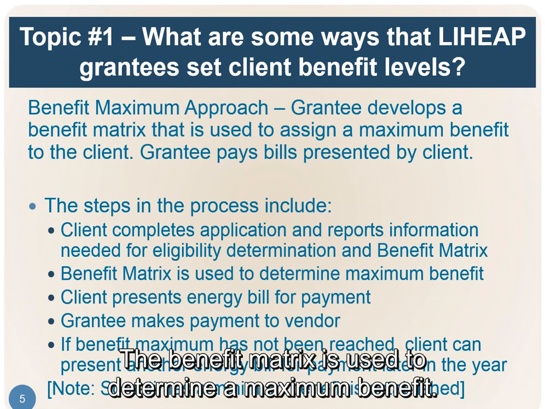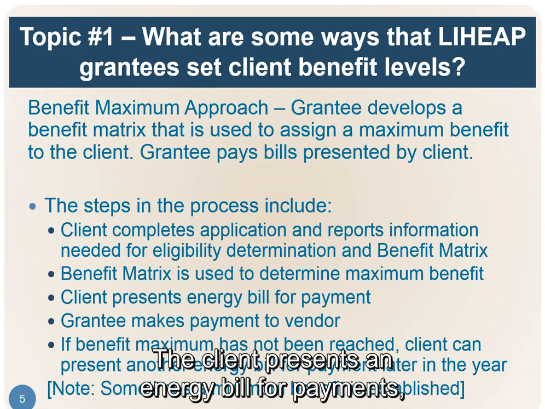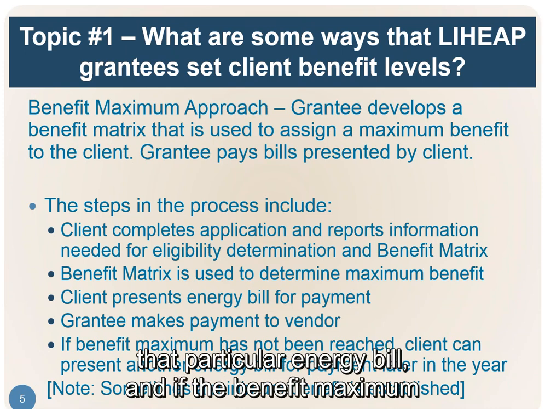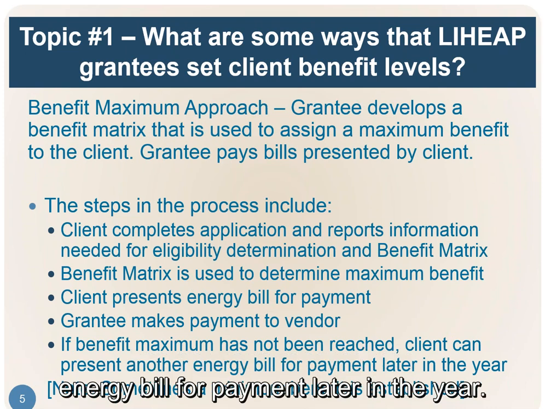The benefit matrix is used to determine a maximum benefit. The client presents an energy bill for payment. The grantee makes a payment to the vendor for that particular energy bill, and if the benefit maximum has not been reached, the client can present another energy bill for payment later in the year.